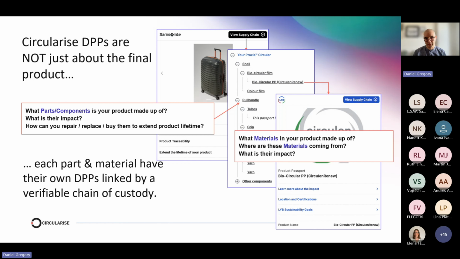Like if we want to remanufacture this suitcase, we know that the pull handle has all of its information available, so we can take it out of the old suitcase and put it straight into a new one, because we can verify how well it still works based on the information in the passport.